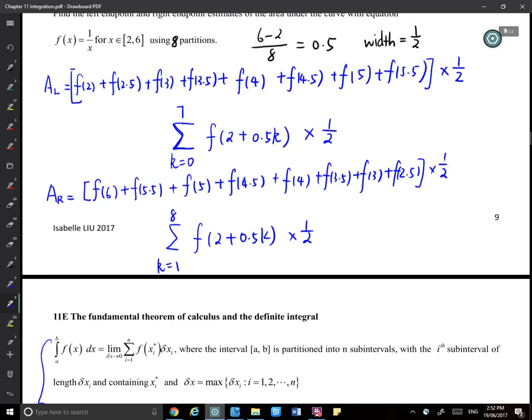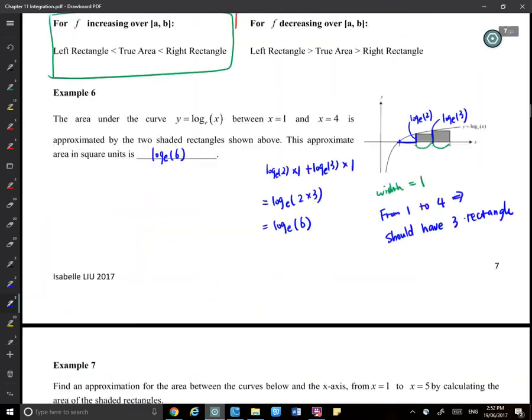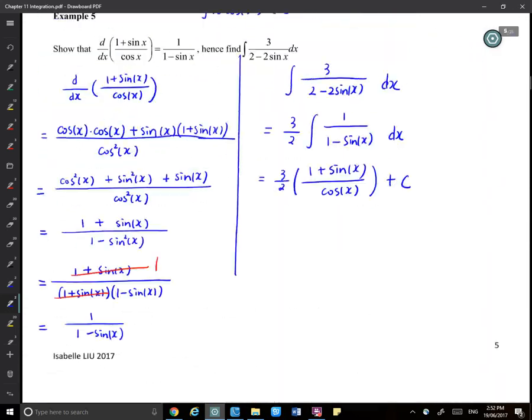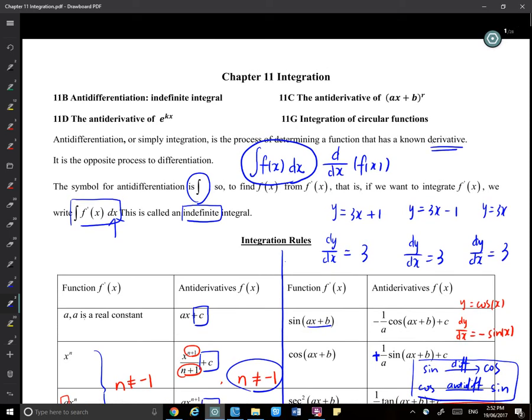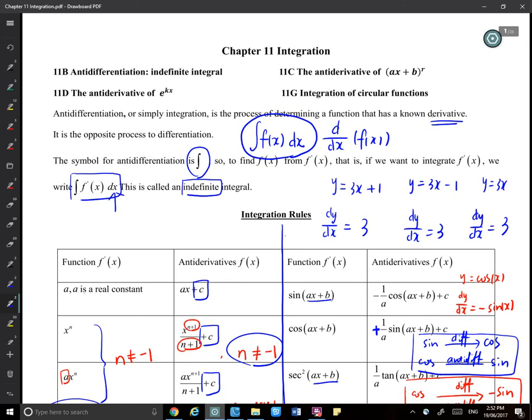Basically we do anti-differentiation at the very beginning. Why? Because we're trying to find our original function. We have a gradient function, and we're trying to find what our original function looks like. I know my f dash x, I'm trying to work out fx. That's why we use the anti-differentiation sign.